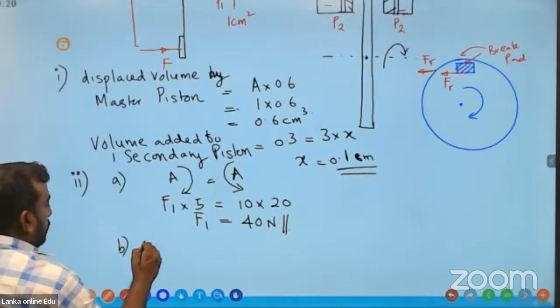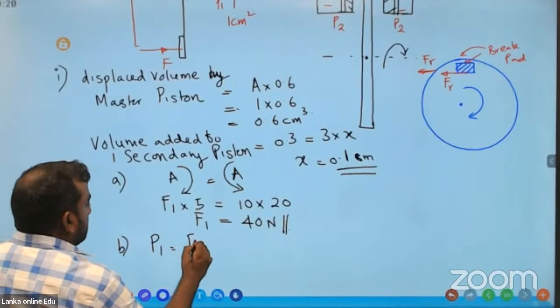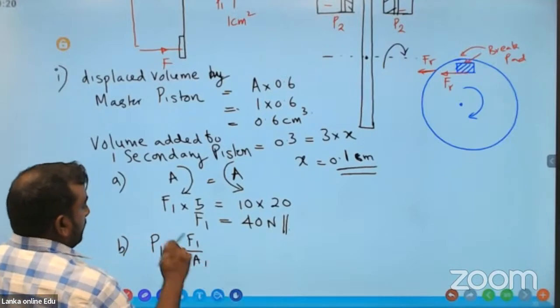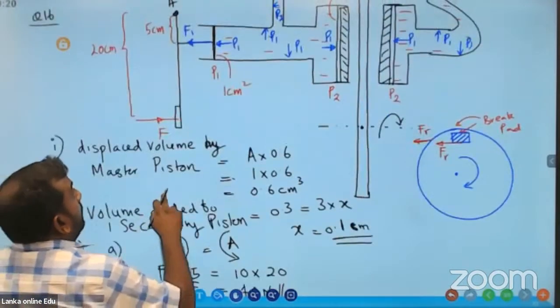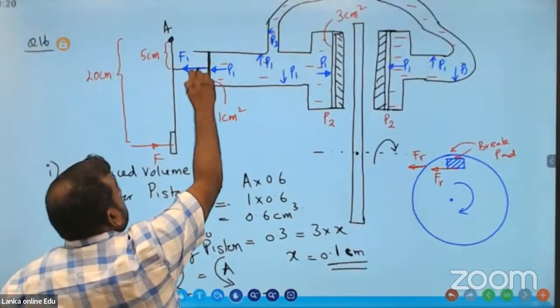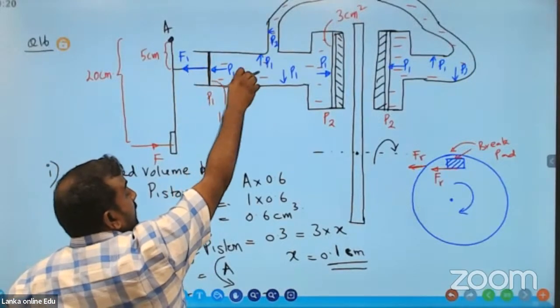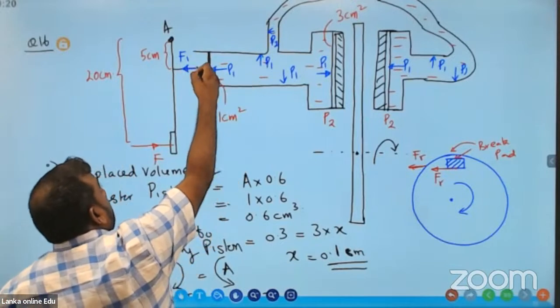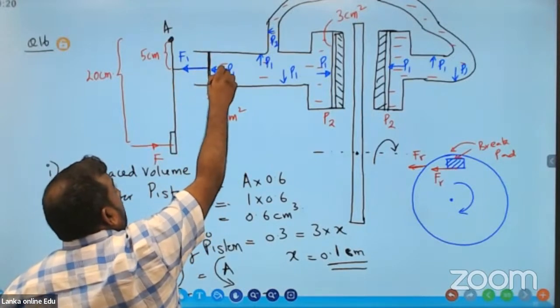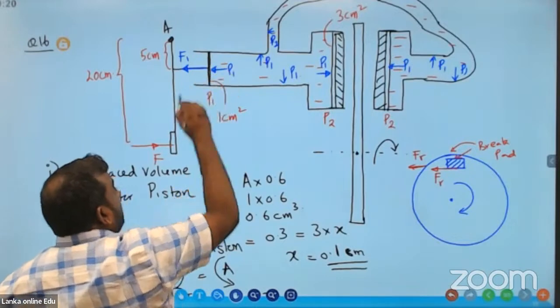Pressure is equal to force divided by area. Pressure here, P1, is equal to force. The piston is pushing the liquid inside, the liquid is pushing the piston outside, so F1 is acting on the liquid as well. F1 over area is pressure.